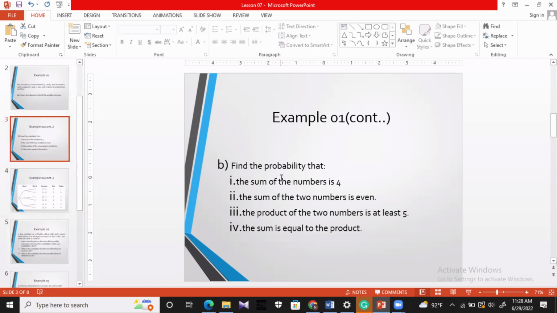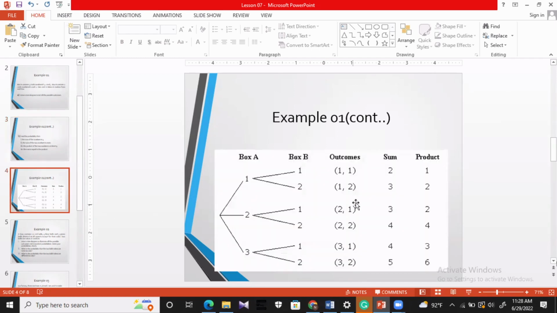Now tell me, what is the answer for the first part? Part B, Roman 1. What is the probability that the sum of the numbers is 4? The sum needs to be 4. There are 2 pairs, no? 2, 2 and 3, 1.